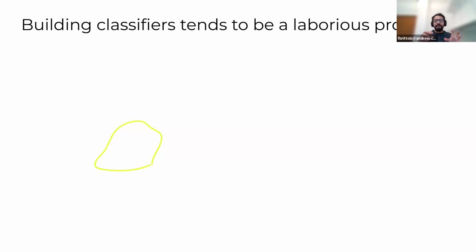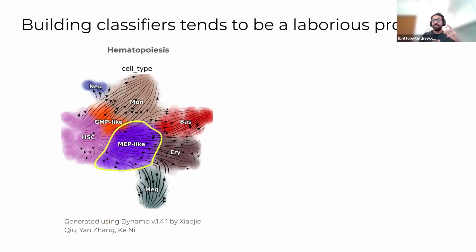There is an ongoing challenge in building classifiers, related to the dimensionality of the data. I would like to exemplify that by looking at hematopoiesis. Let's say we would like to build a classifier that differentiates between megakaryocytes and maybe monocytes or erythrocytes.